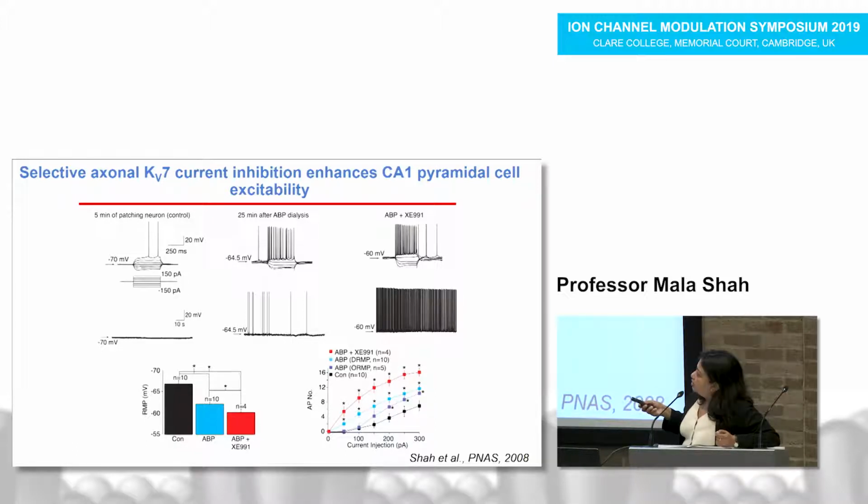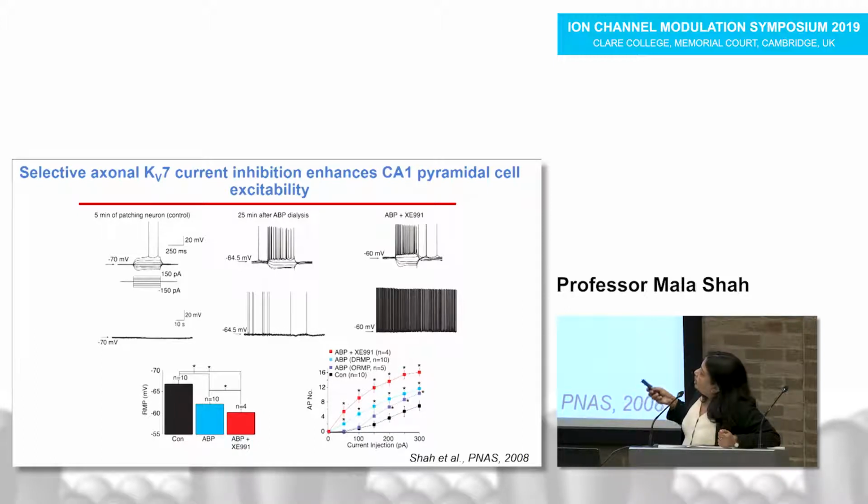And this is the initial recording. As soon as we go whole cell, you can see the resting membrane potential, minus 70 millivolts, and you require a considerable amount of depolarization to get action potentials. This is the trace, just with spontaneous. You can see there's very little action potential firing.